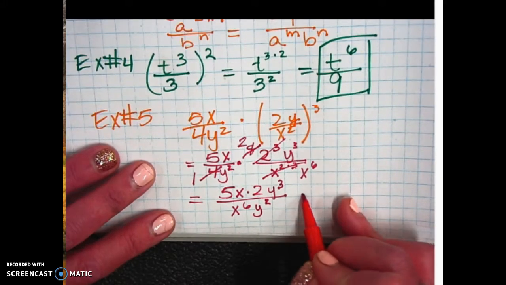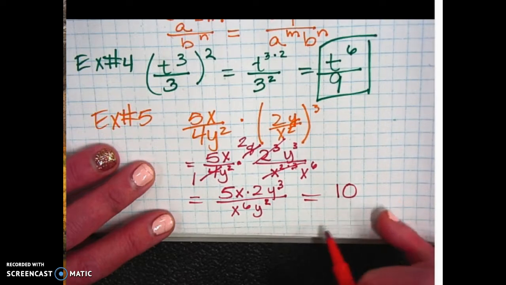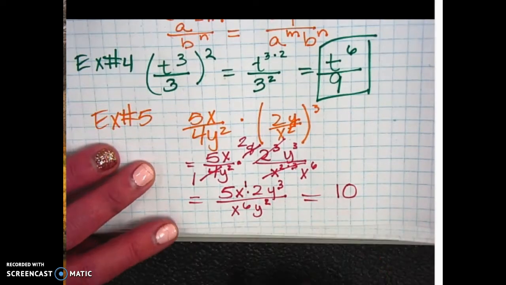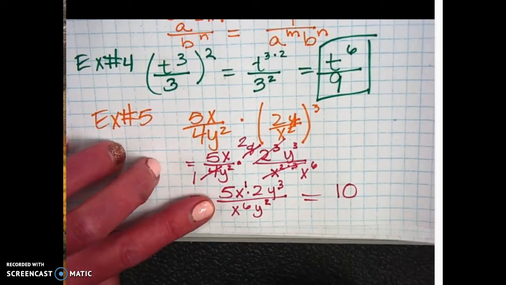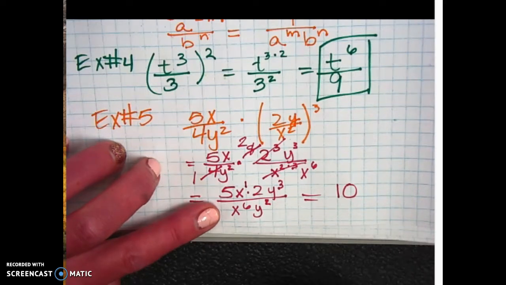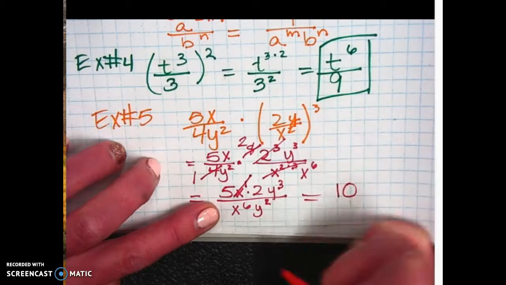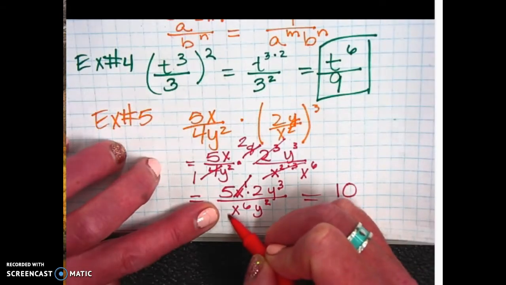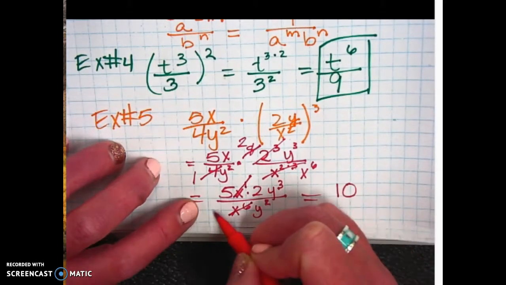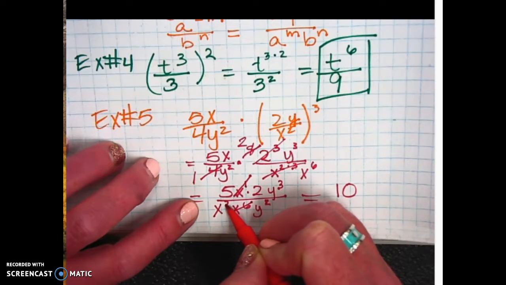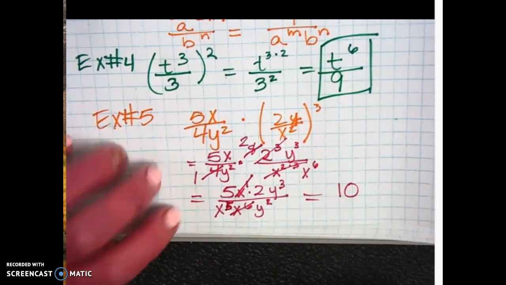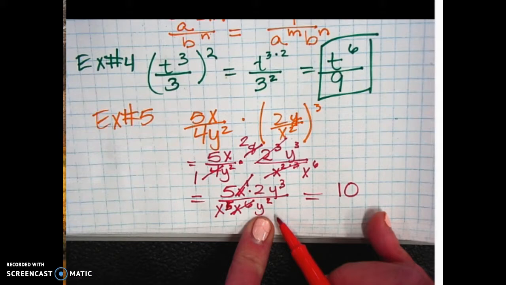All right, 5 times 2 is what, 10? We've got an x to the first in the numerator and an x to the sixth in the denominator, okay? So x to the first completely cancels, and x to the sixth becomes x to the fifth, good. And then we've got a y to the third in the numerator and a y to the second in the denominator.